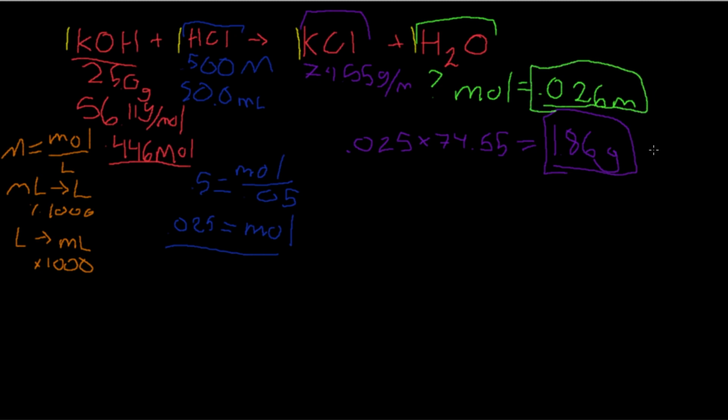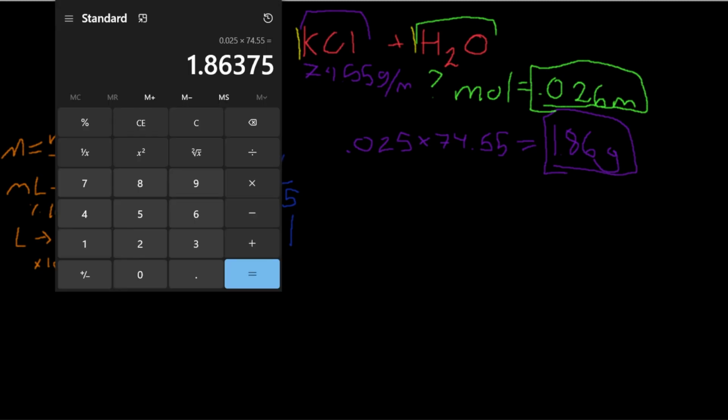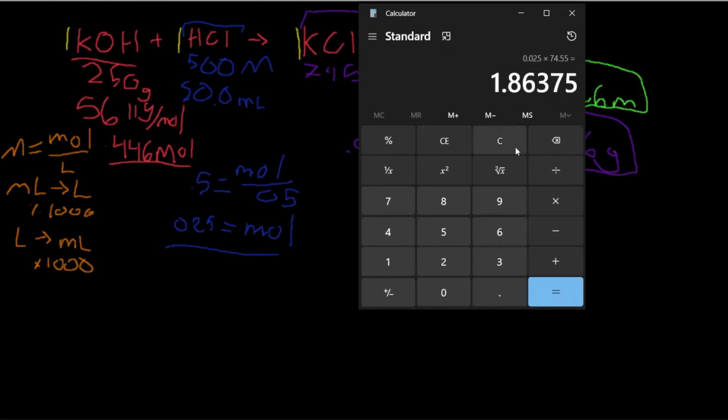There's both of our product answers. Now, if we go back over here to the side, how many grams will be left over from this? Since we used 0.025 moles, again, 1-to-1 ratio, so however many we use of this, we'll be using this. So what we can do is figure out how much that is.